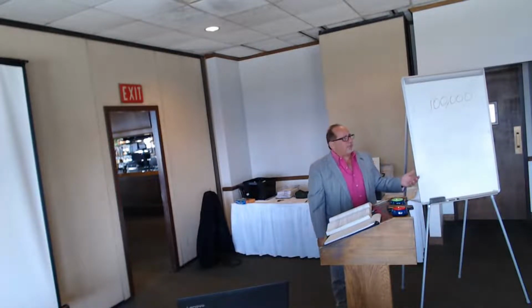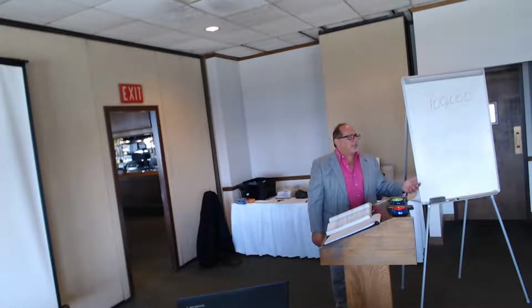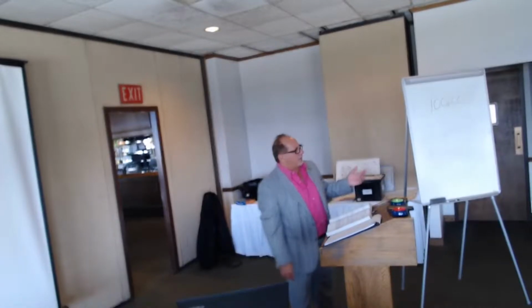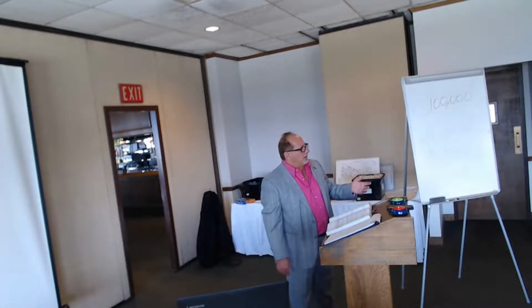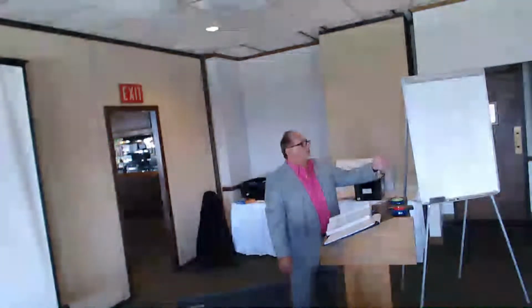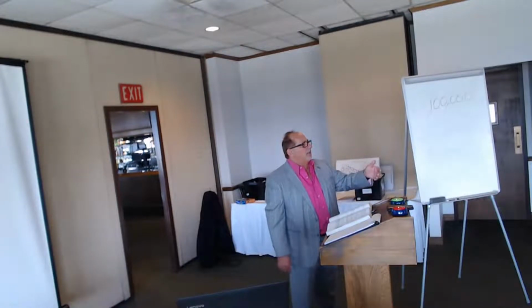If you don't have 20% down, can you still get a conventional loan? Yes. What do you need? If you don't have 20% down on a conventional loan, but yet you still want a conventional loan, what do you need?